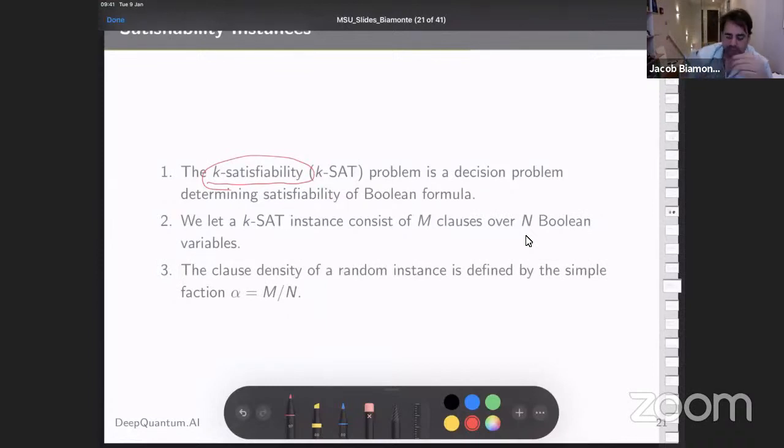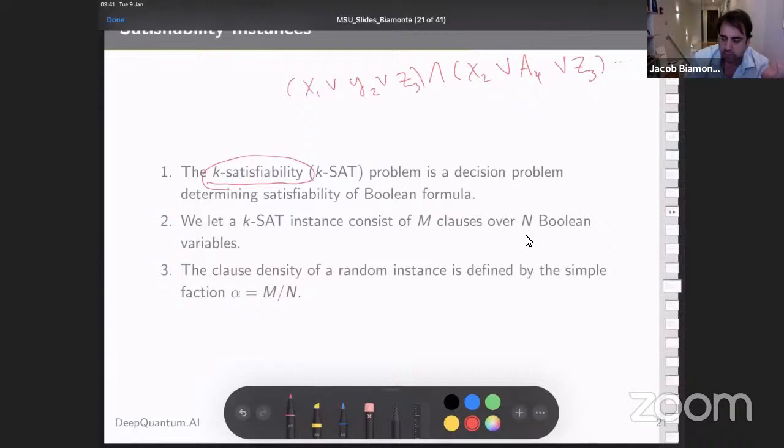It's clear. And in satisfiability, the K means that you have K variables in each clause. The clause is a bunch of ORs of variables, and they're all conjuncted together, multiplied together. So one example could be X or Y or Z. This is 3 variables, say 1, 2, 3, and then you can AND it, which is like a multiplication, with another clause over any variables you want, say X, A4, or Z again for some reason, et cetera.